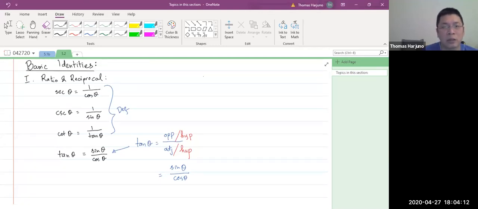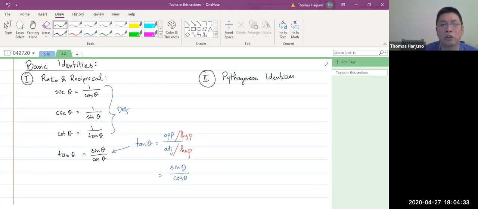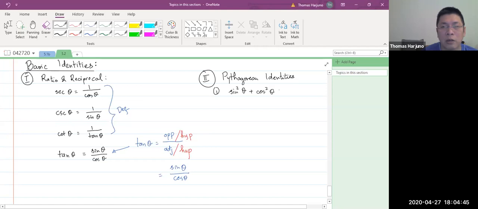The second identity is called Pythagorean identity. And you need to memorize it in this order. The first one, sine squared theta plus cosine squared theta equals 1.